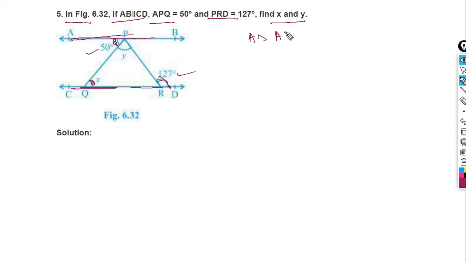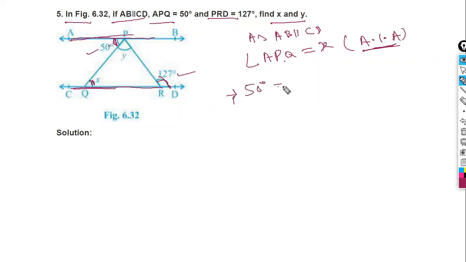As AB is parallel to CD, angle APQ equals x, because they are alternate interior angles. You should write the full reason. So angle APQ is 50, so x equals 50 degrees. Now we find x as 50 degrees.